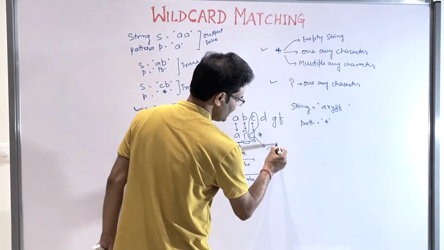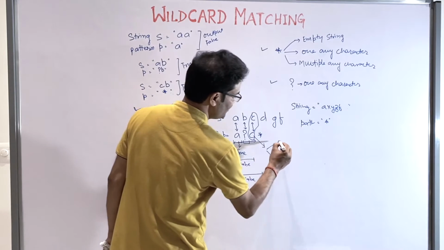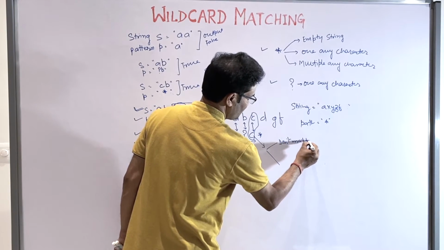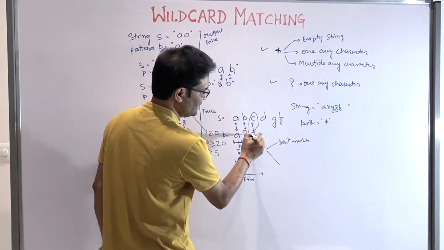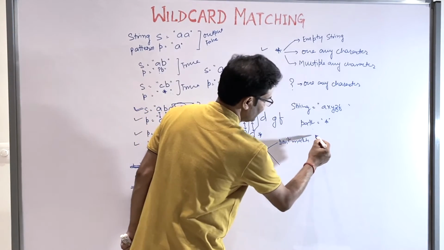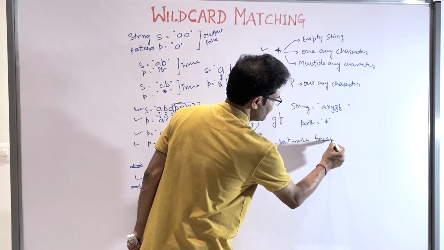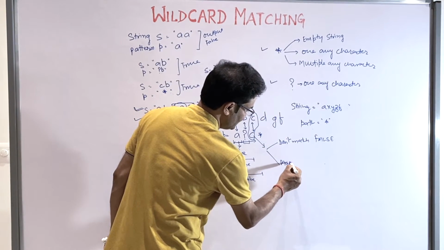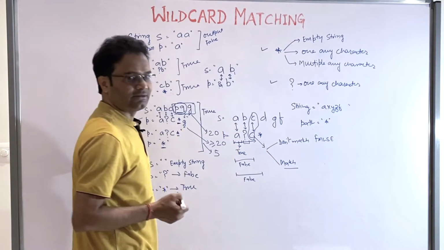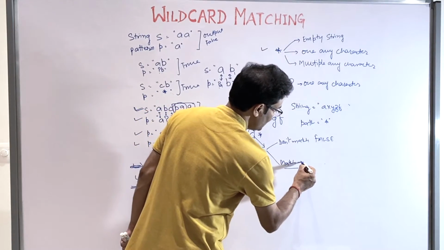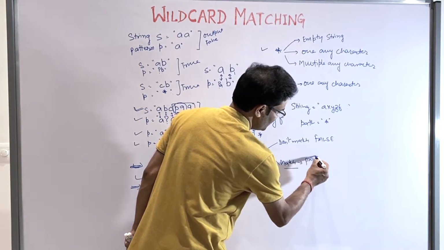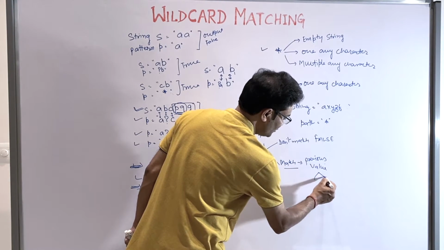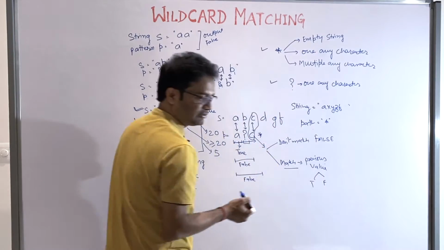So this comparison is based upon two things. One thing is that if it does not match, suppose here was C, here was F, it was not matching, then I can straightforwardly say this is false. But if this index character matches, then you have to take the previous value, not the current value. That could be true and that could be false.